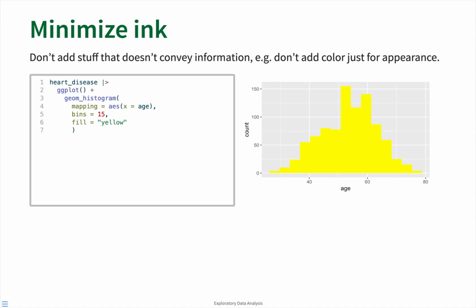And in fact, it almost implies that there is some information there that there isn't, right? Because we can use color to distinguish between different categories. The other reason not to use colors is that often the default colors that you get if you just say yellow are pretty horrible, like the one you see here.